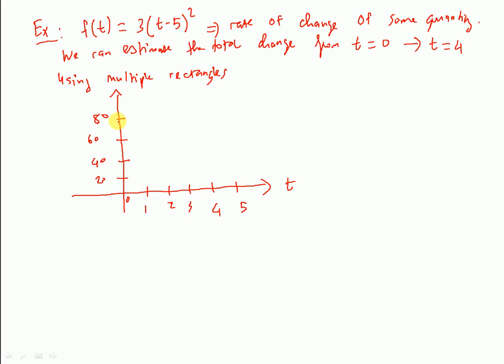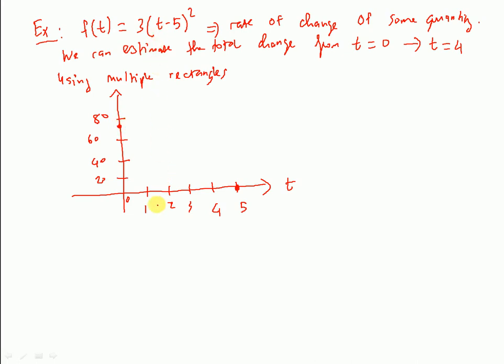If you graph this one, at t equals 5, 5 minus 5 is 0, 0 times 3 is 0. So at the time t equals 5, you have 0. At the time t equals 0, you have minus 5 squared, which is 25. 25 times 3, that's 75. So it's around here.